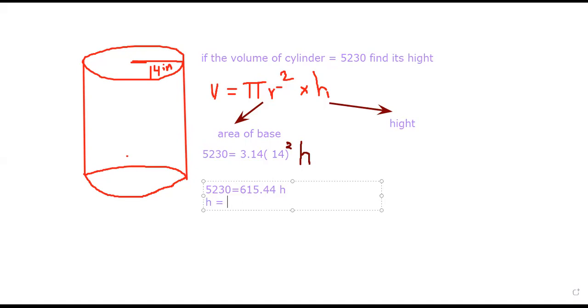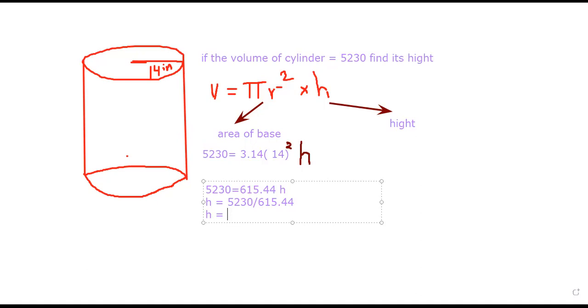So the value of h will be what? 5,230 divided by 615.44. Then the value of h equals how many? 8.4?